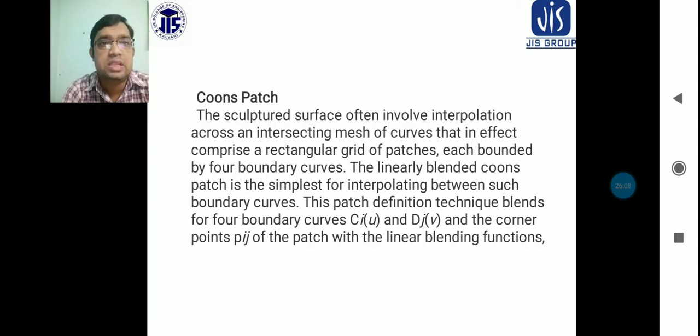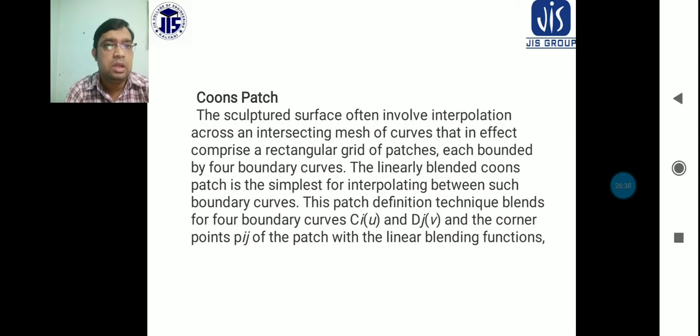Sculpted surfaces often involve interpolations across an intersecting mesh of curves that in effect comprise a rectangular grid of patches, each bounded by four boundary curves. The linearly blended Coons patch is the simplest for interpolating between such boundary curves.